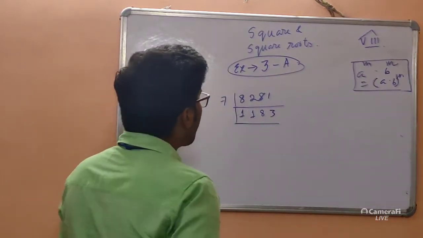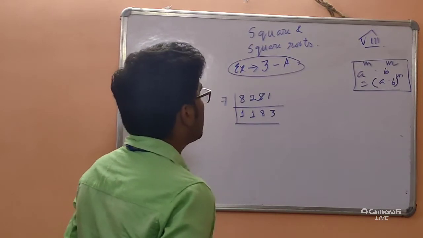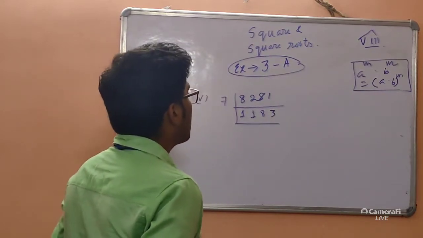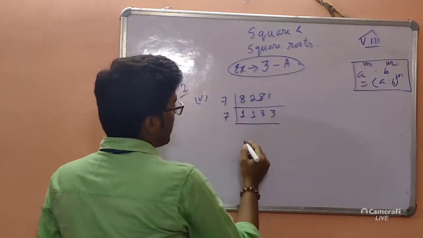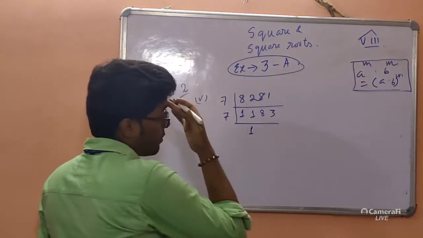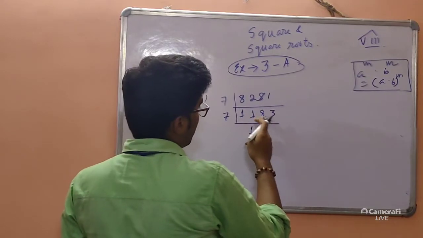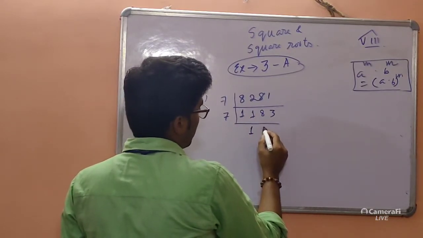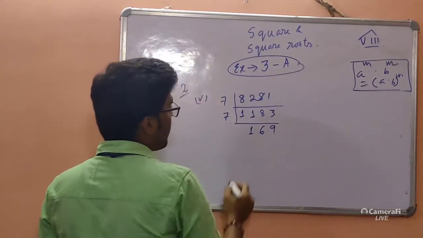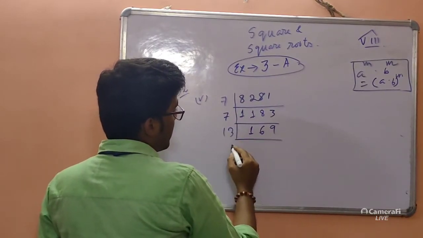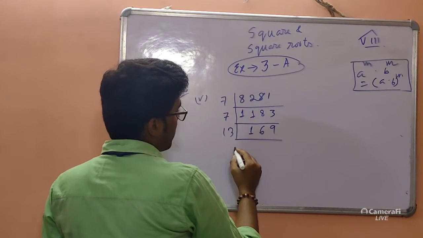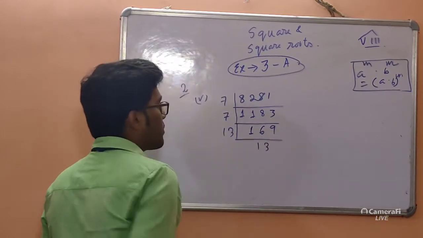Now let us see. I think it is going with 7. Now it is divided, right? 13.